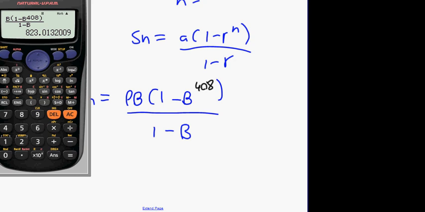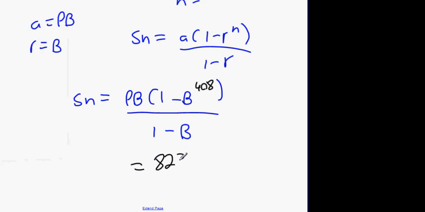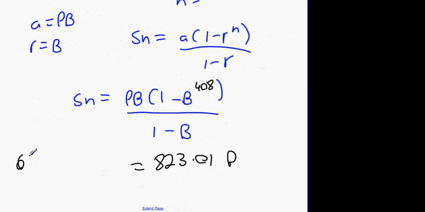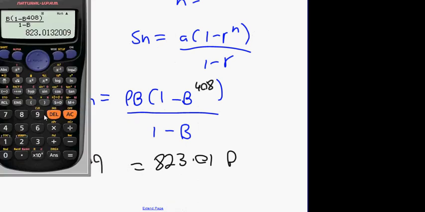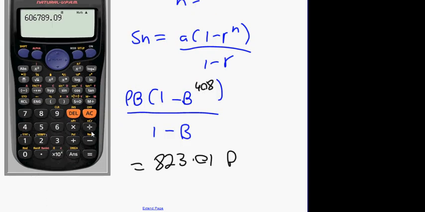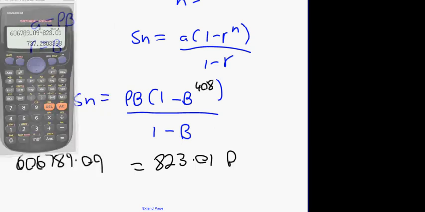So 823.01P equals 606,789.09. Divide that by 823.01, and what you're going to get is a value of 737.28.